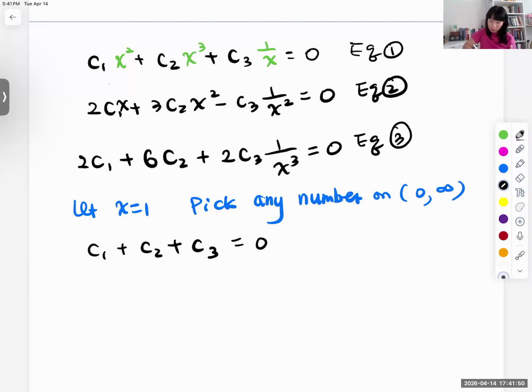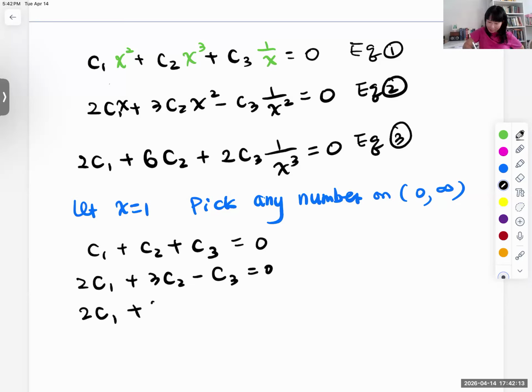Equation number 2: 2c sub 1 plus 3c sub 2 minus c sub 3 equal to 0 as well. Please correct me if I make a mistake. And the third one, equation number 3: there is no x, so 2c sub 1 plus 6c sub 2 plus 2c sub 3 equal to 0.